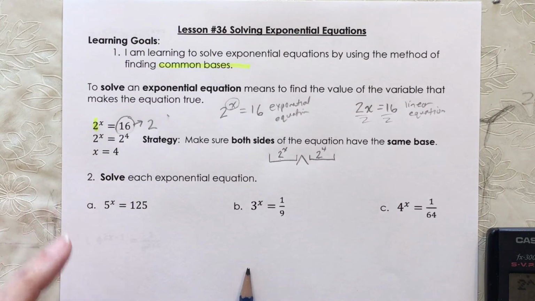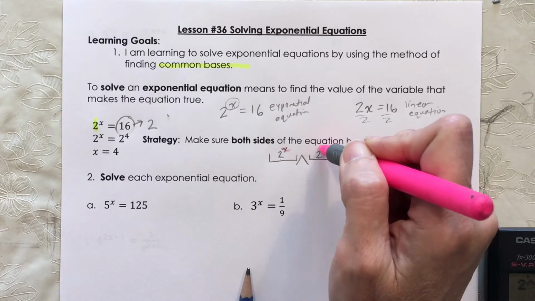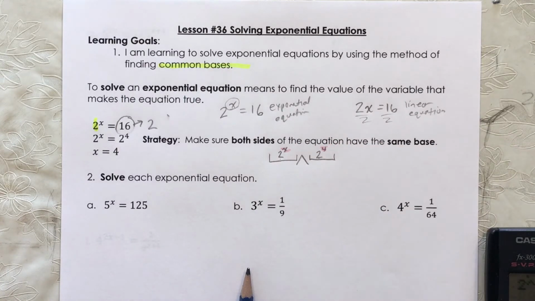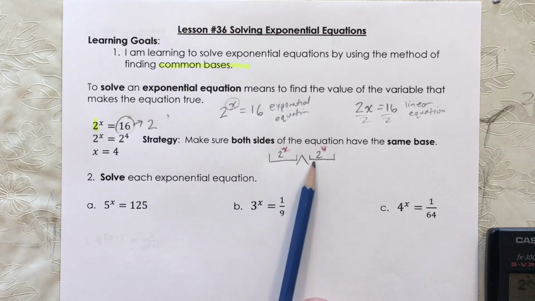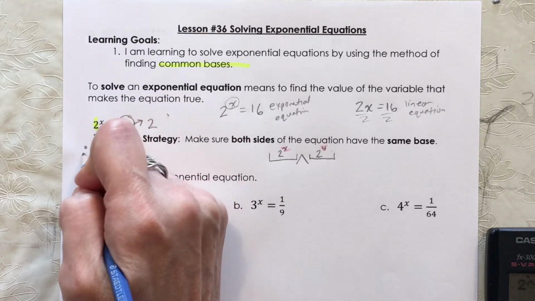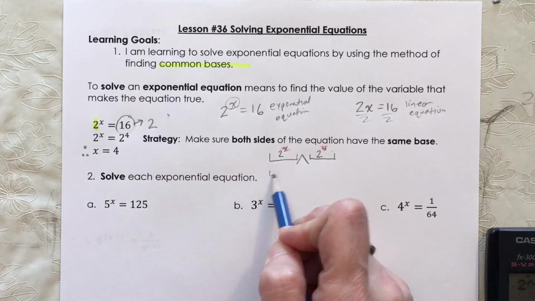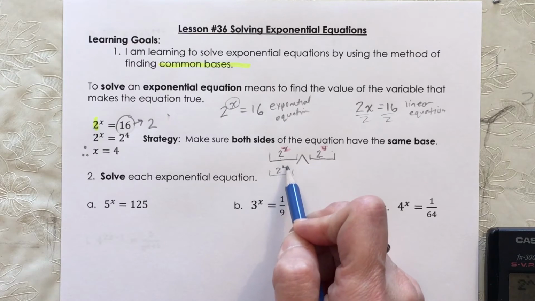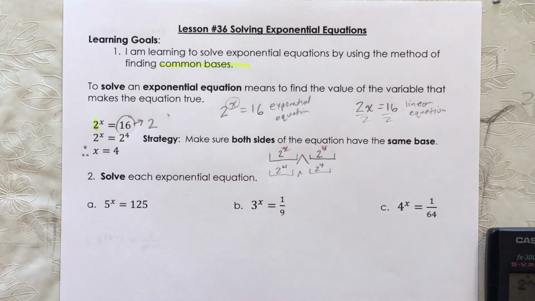If the bases are the same, the only way to keep it balanced is if the exponents are also the same. So in order for this balance to work, if the bases are the same, they're both 2, then the exponents both have to be the same. So that would mean that, therefore, the x on this side would have to be a 4. Because then in each little bin I'd have 2 to the power of 4, which would make them equal.